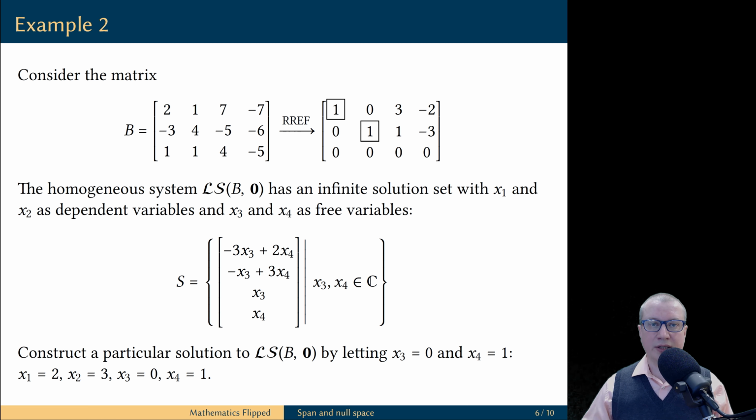Now, let's construct a particular solution to this homogeneous linear system by assigning values to the free variables. In this case, I'm going to assign a 0 value to the variable x3 and a value of 1 to the variable x4. Then x1 must be equal to 2 and x2 must be equal to 3.